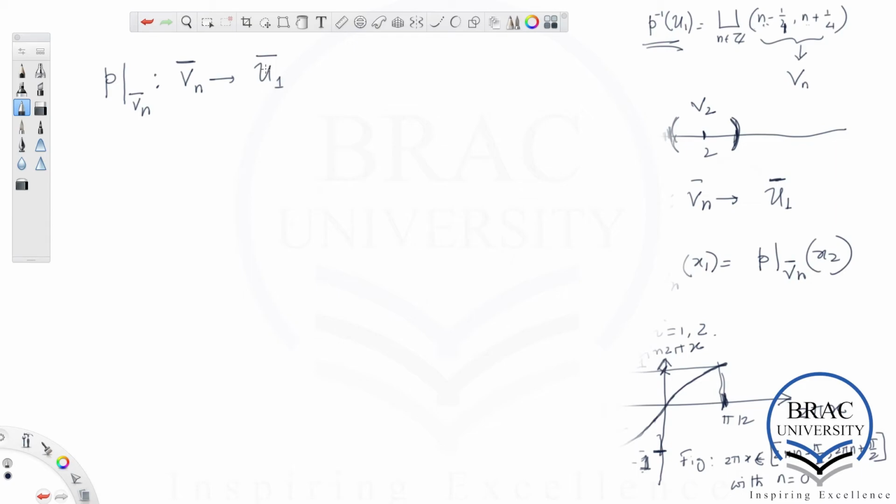For this map, the endpoints of this closed interval, which is n minus 1/4 and n plus 1/4, are the boundaries. These 2 points constitute the boundary of this closed interval. Okay, and these 2 endpoints are going to map to the north pole and the south pole of the arc U1.